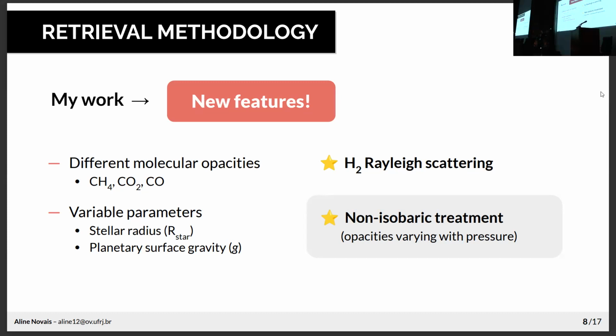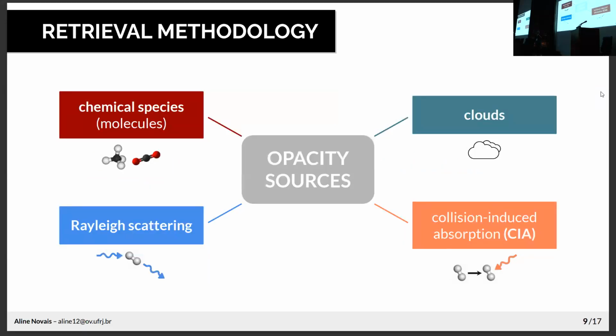Rayleigh scattering by hydrogen is going to be important. But more important than that, instead of a constant pressure, we built what is known as a variable-pressure code. So our opacities are going to vary with pressure. And then we're going to see exactly why we need pressure in these atmospheres.